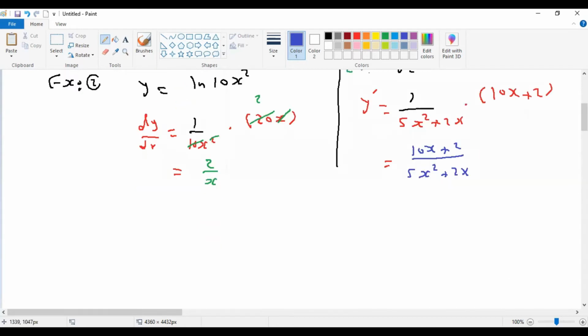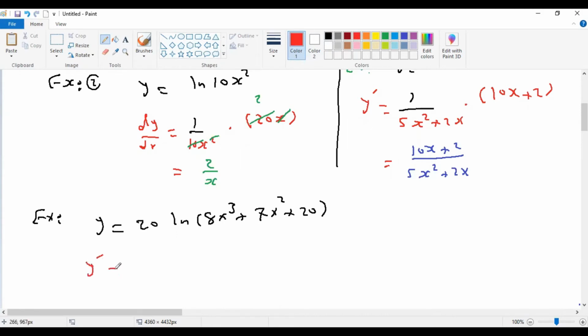Another example. Example 4. Let y equal 20 ln of 8x cubed plus 7x squared plus 20, for example. Now what is the derivative, dy/dx or y prime?